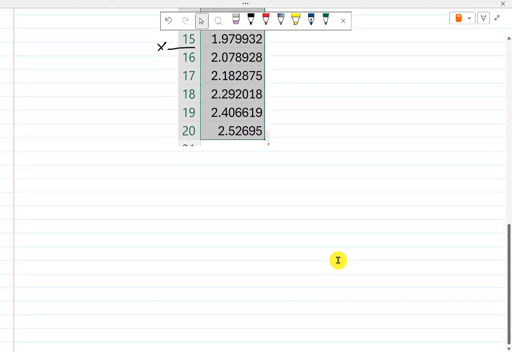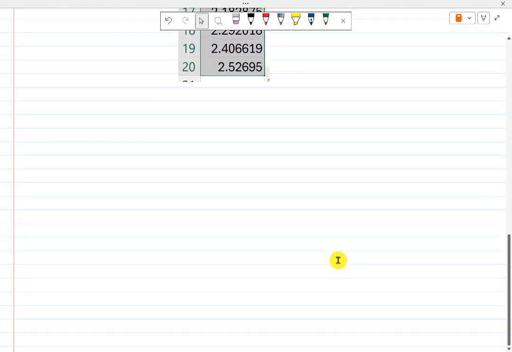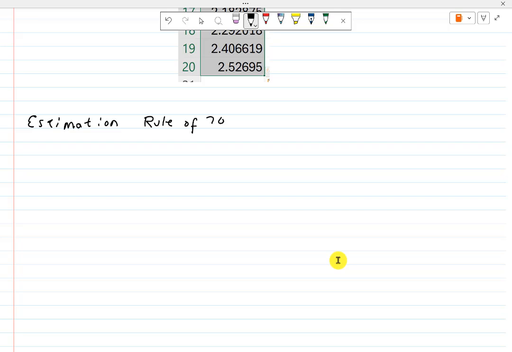Now there is a formula for estimation. This is called the Rule of 70. And it goes like this.